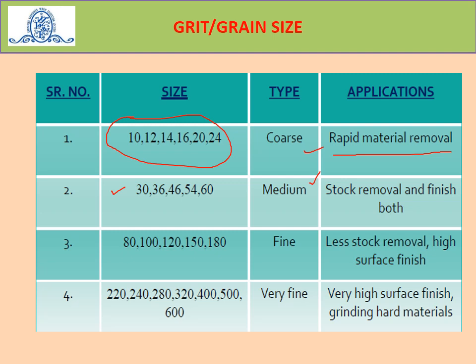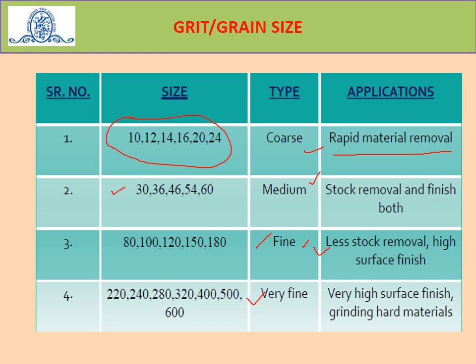The third type is the fine type. Sizes 80, 100, 120, 150 and 180 come under the fine category, which is used for less stock removal and high surface finish. Then the fourth one, very fine, is 220, 240, 280, 320, 400, 500 and 600.